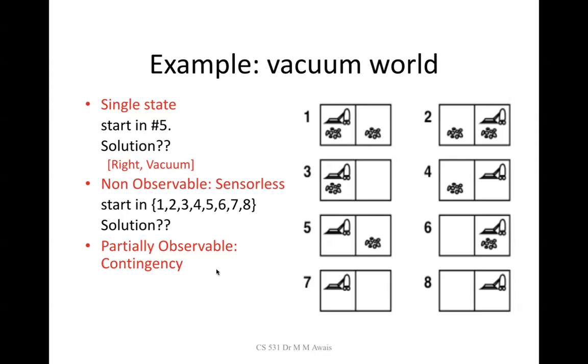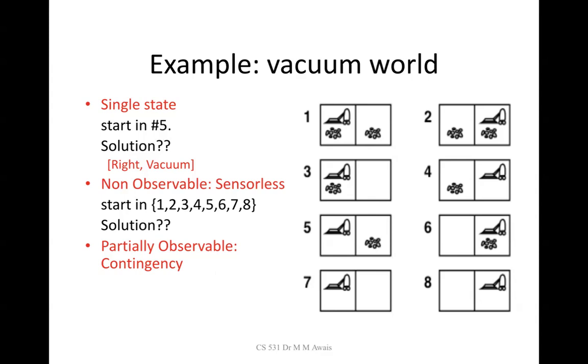Okay, wonderful. Partial observability would mean that you are partly able to identify or perceive information, and this is about perception of information, not action. Partially you are able to perceive, partially you are not. One example could be that you are unable to identify which room you are in, but you are able to identify whether there is dirt in the room or not.